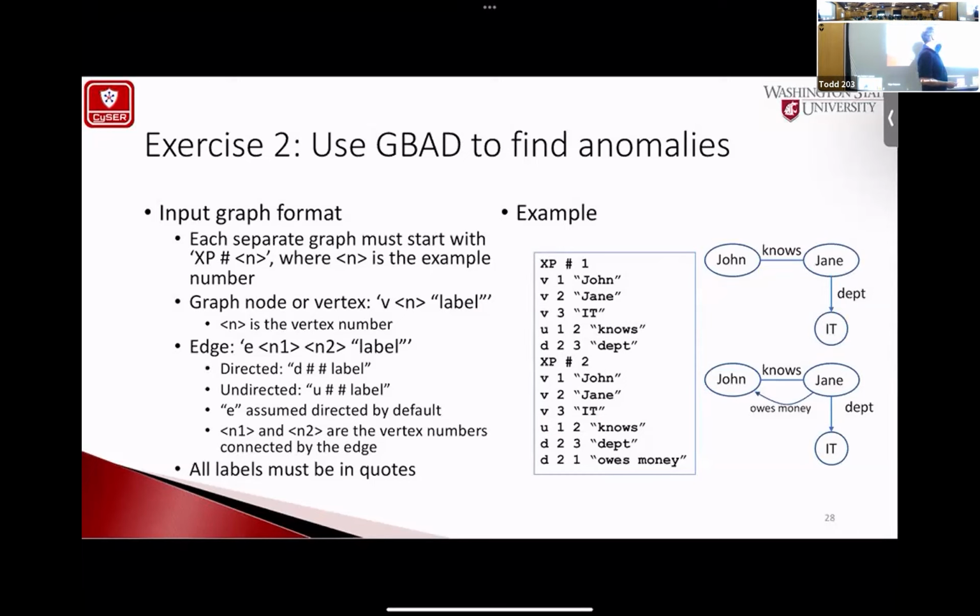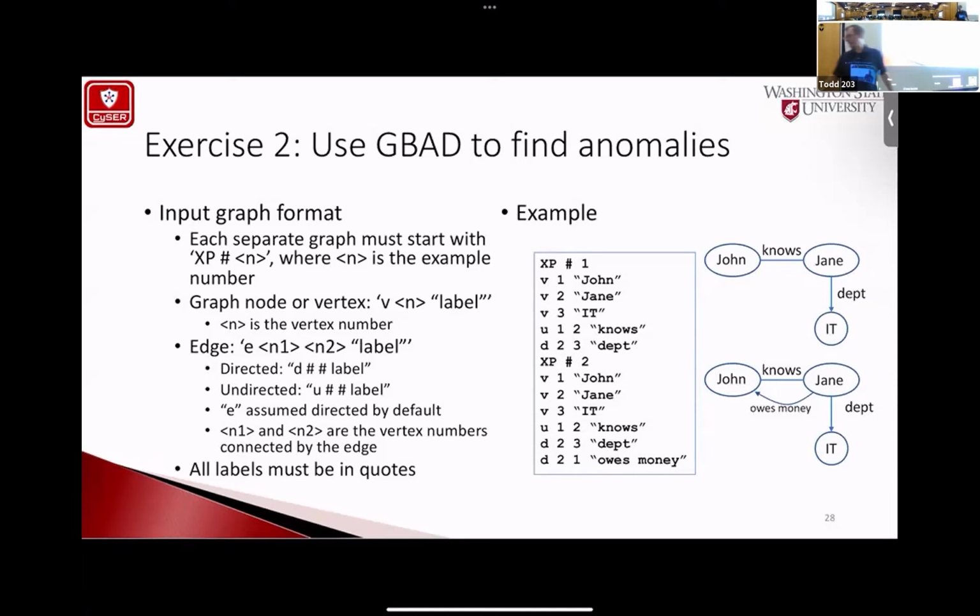So we start the graph with XP, followed by the pound sign, followed by the number. Inside of that, each graph is defined the same way we did before. The only slight nuance is that for some reason, GBAD requires quotes around every label. SUBDUE only requires them if you have white space in it.